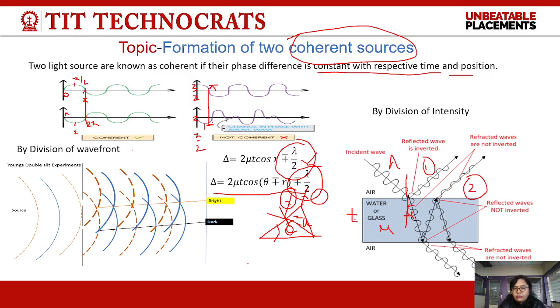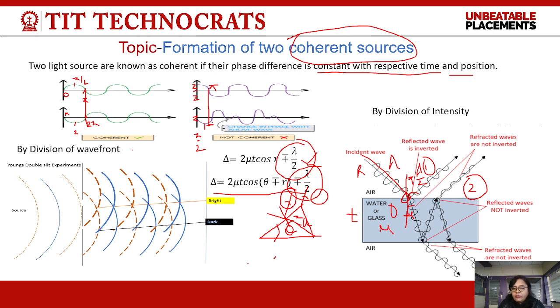What is the Stokes law? I have to explain it here. Whenever a light ray is coming from the rarer medium and is incident on a denser medium, then after the reflection its phase is changed. As you see here, the light is coming with the downward phase, but when it is reflecting, it is going with the upward phase. It means that a total of pi phase is changed, that is, a 180-degree phase change. So in that condition, how much path difference is generated? A path difference of lambda by 2 is generated, because there is a relationship between phase difference and path difference.